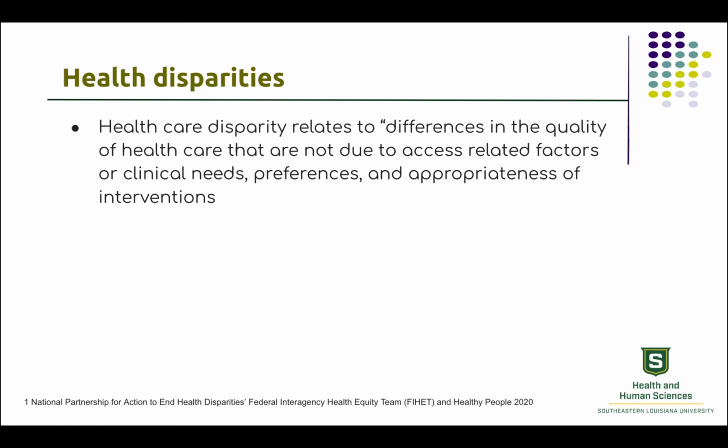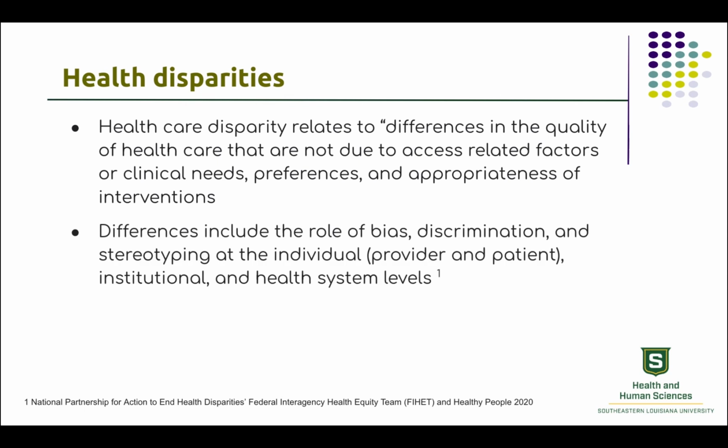This is a health disparity, and it can come in terms of quality of healthcare. The differences that lead to health disparities could include the role of biases, discrimination or stereotyping, and that happens among providers of healthcare.